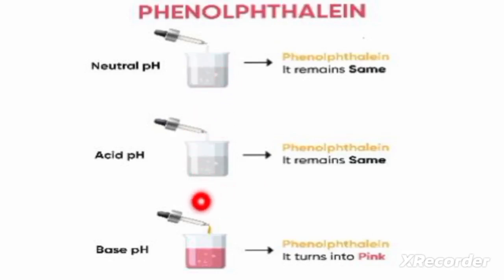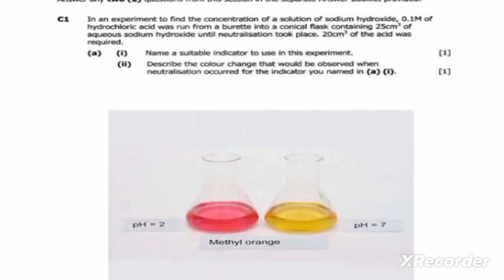Since we chose methyl orange, our correct answer would be from red orange to yellow. So we can see that yellow is showing neutralization.